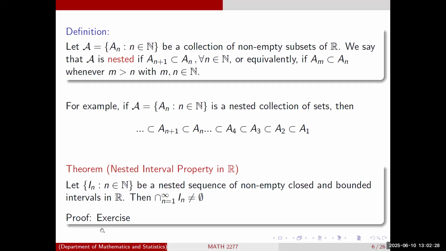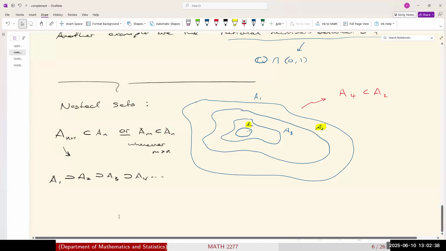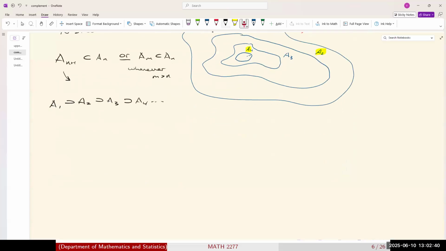The proof is left here as an exercise, but maybe this proof is too difficult to figure out on your own. So I'll put where to find the proof if you're interested in seeing it. It's a bit involved.